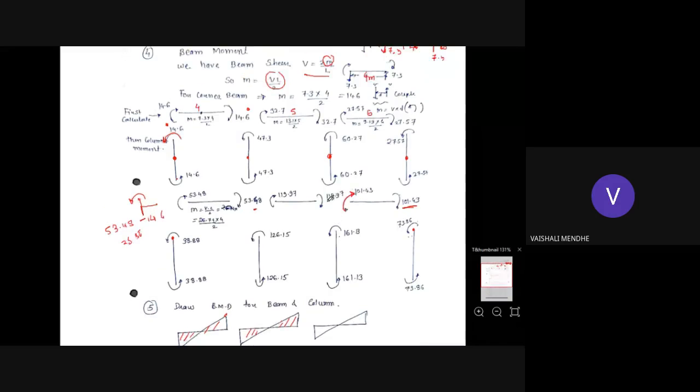Okay. So only one problem we can cover because of the time, and the same method, same process will be there, same steps you have to follow. Only the difference is that the load will get changed. Okay, the area can be different and the load will change, and the procedure is the same.